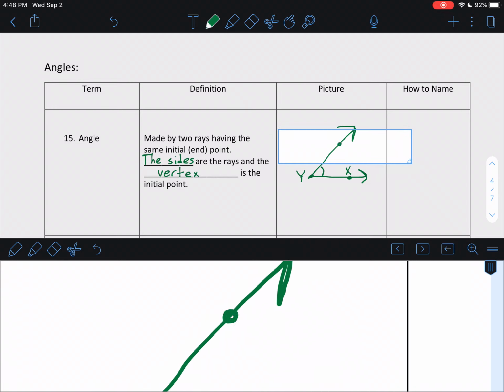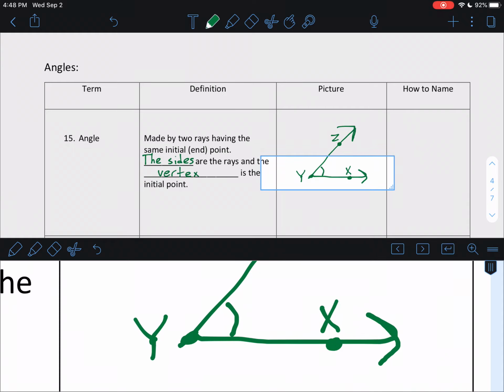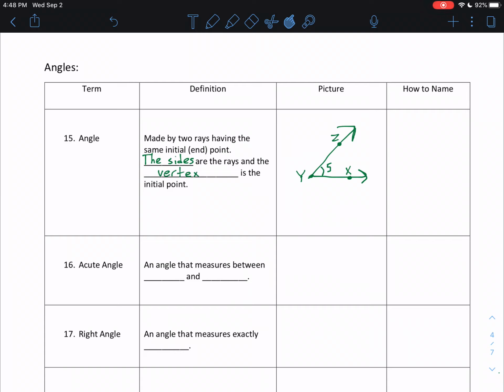We're going to put Z up here. And then right here, I'm also going to add, let's say, 5. So the 5 is not the degrees of the angle. It is a way that we name an angle. So you won't often see angles named with numbers, but sometimes you will.